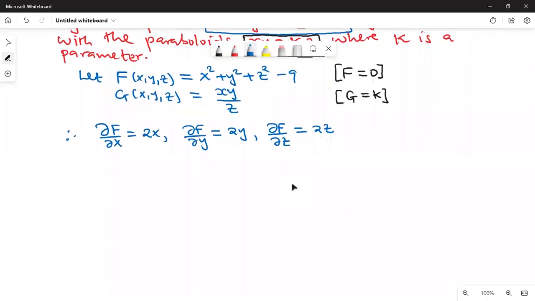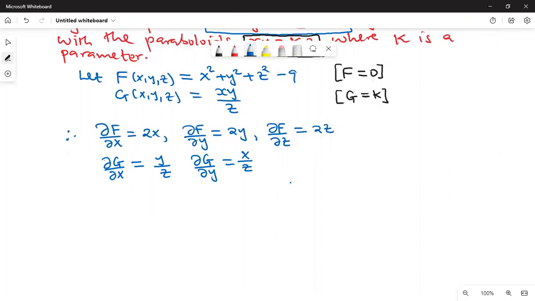Let's do the same to g. Partial g with respect to x will give us y over z. Partial derivative of g with respect to y will give us x over z.